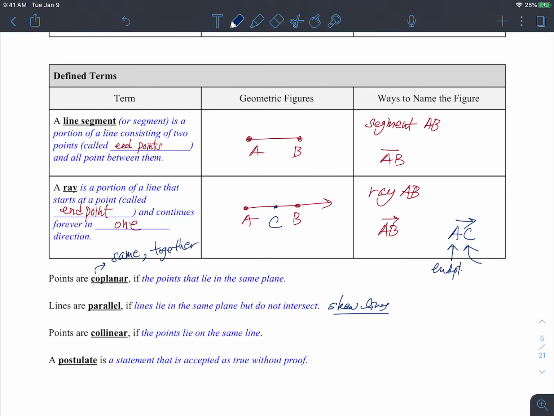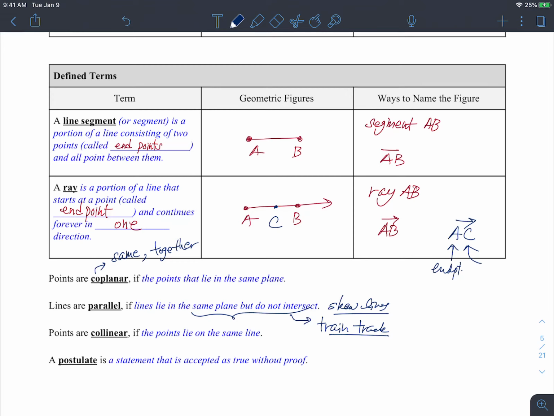Skew lines are two lines that do not intersect and are not on the same plane, right? But you could think of parallel as something like, because it has been the same plane, think of a train track, right? Yeah, that's probably the best way to think about it. Two lines are parallel if they're on the same plane but do not intersect.